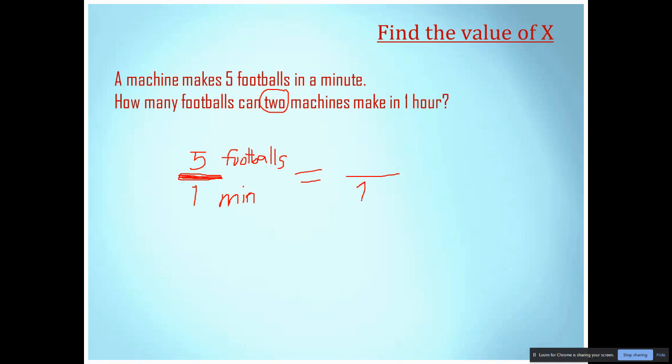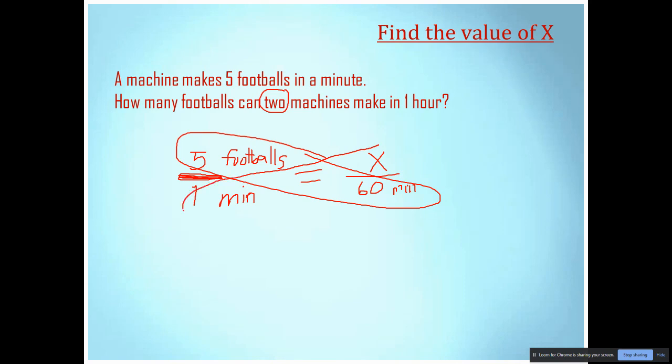We cannot write 1 hour here because they should have the same unit. So let's convert the 1 hour into 60 minutes. So how many footballs can a machine make in 60 minutes? Here's the x now.